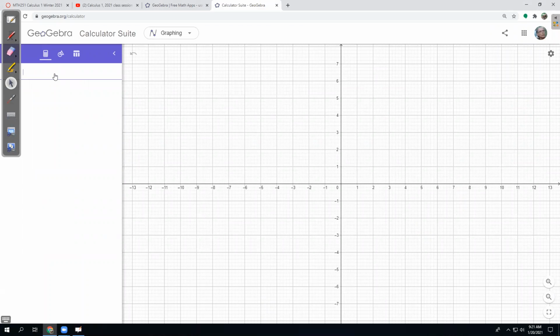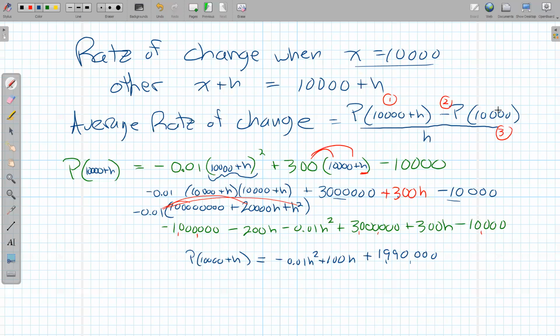I like to use function notation, so I'm going to call it P of x equals negative 0.01x squared plus 300x plus 10,000, I think was our original profit function, minus 10,000.